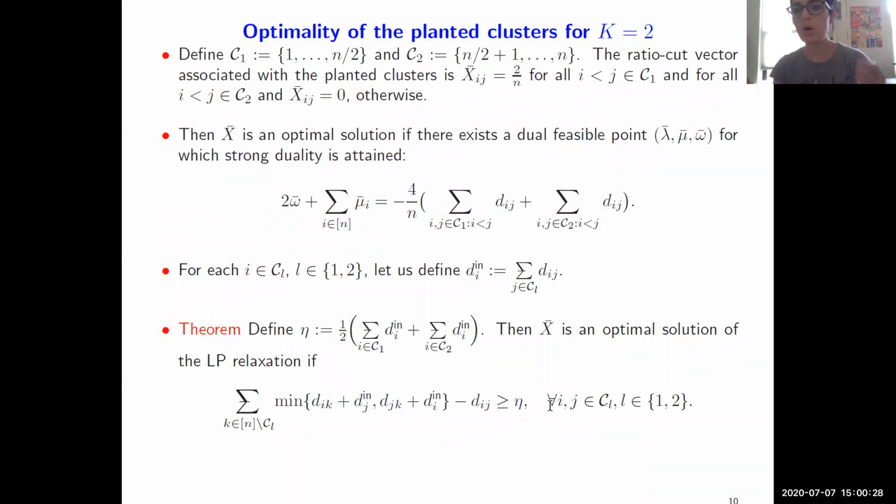It just tells you how much closer the points in each cluster should be compared to the points in different clusters. You could interpret it more concretely, but we don't have the time. For now, let's take this as a deterministic guarantee, and now I show you what it actually means under a random model. So we have a deterministic guarantee of optimality of the planted cluster.